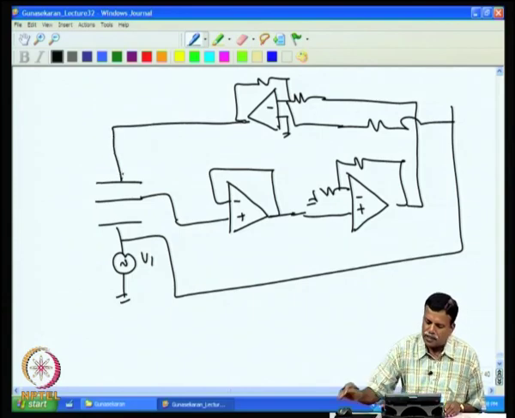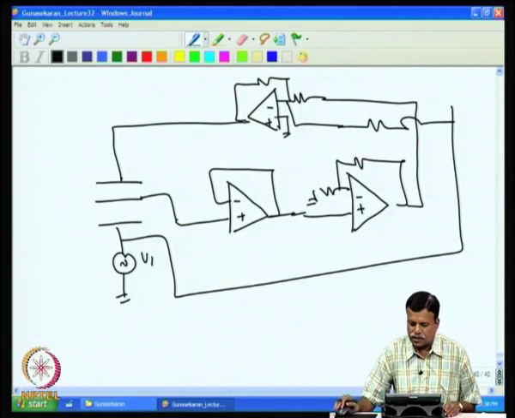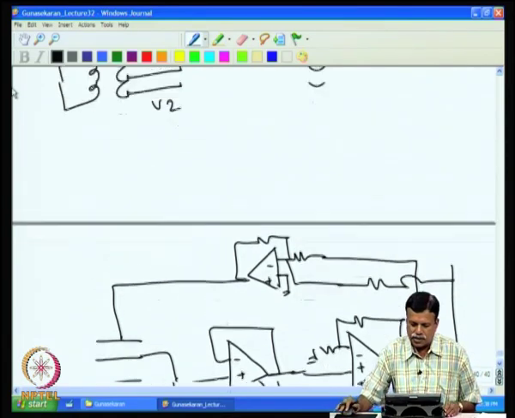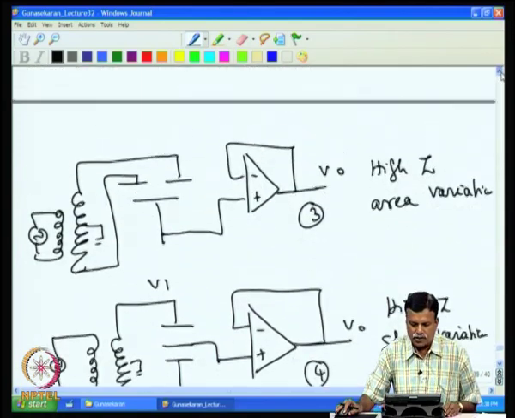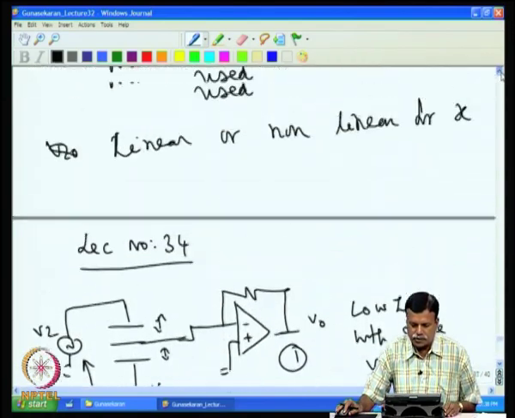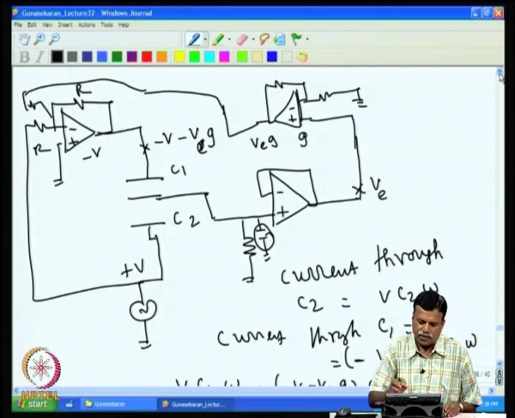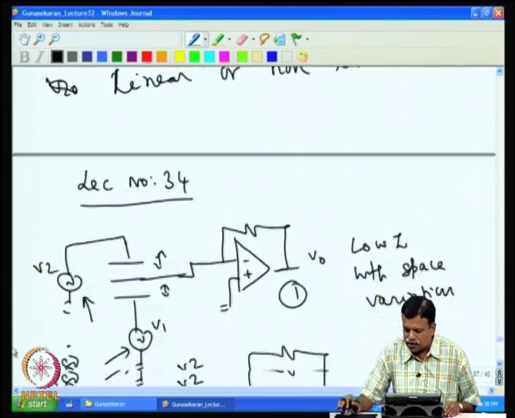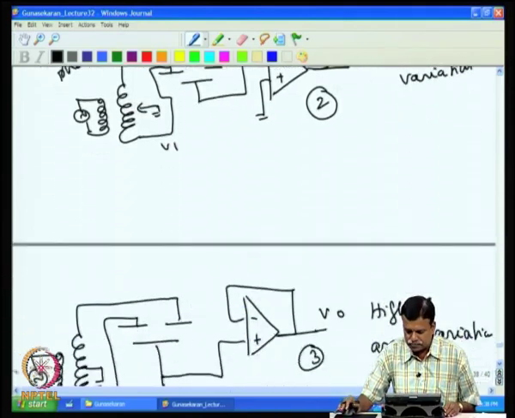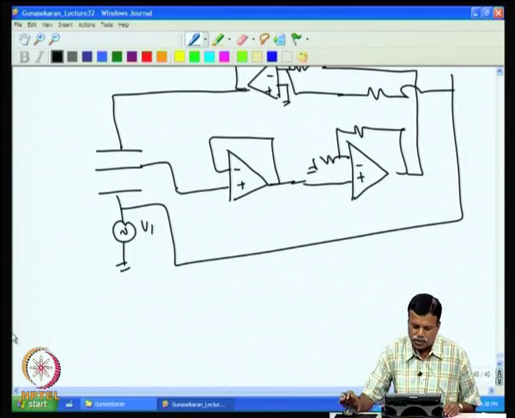We had seen this earlier, in the last class, the same circuit: the high impedance amplifier with feedback, which we are now calling circuit number 5.